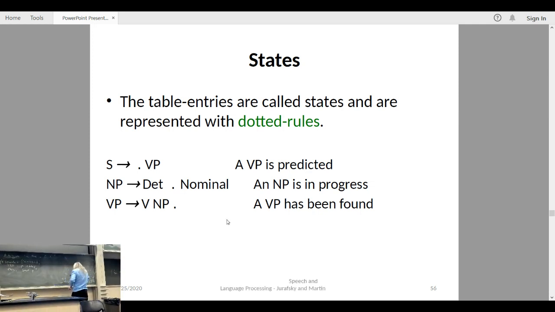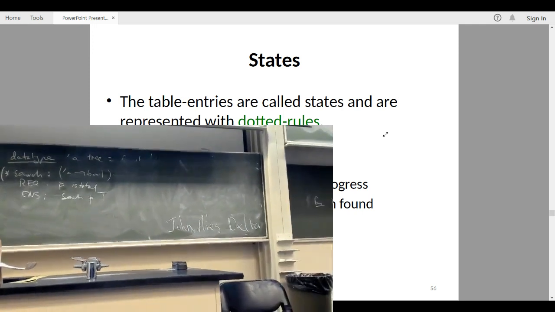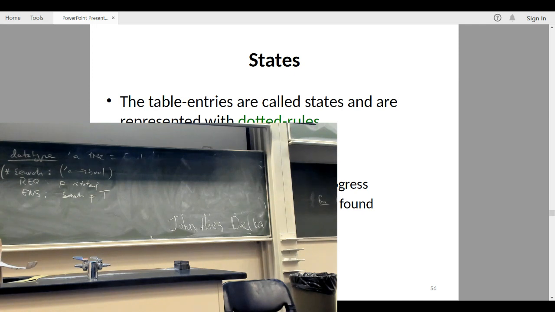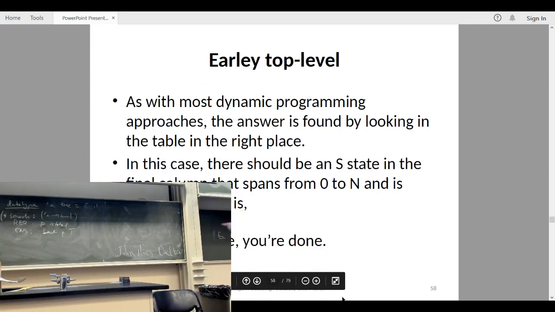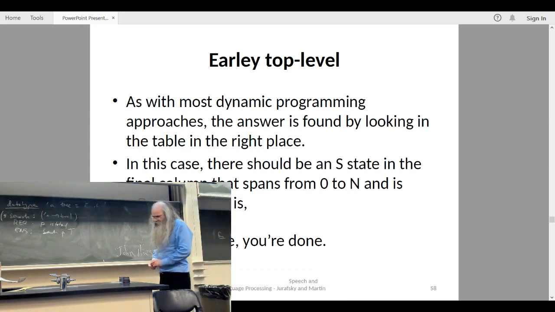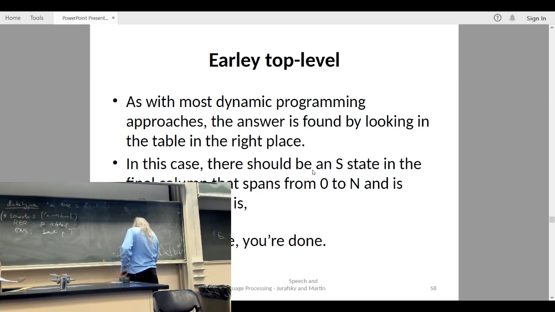There's a couple of high-level rules. So the first thing is, given all the words, we have to be able to add edges for these base words because we're going to use them in our parse. So there are going to be vertices between each word, and there's going to be an insertion for each of these.